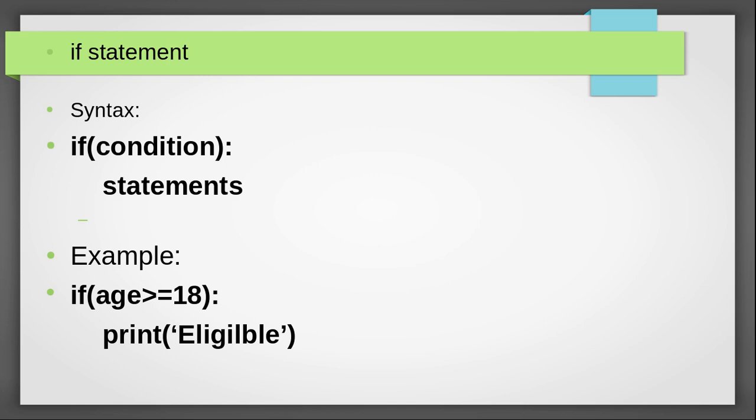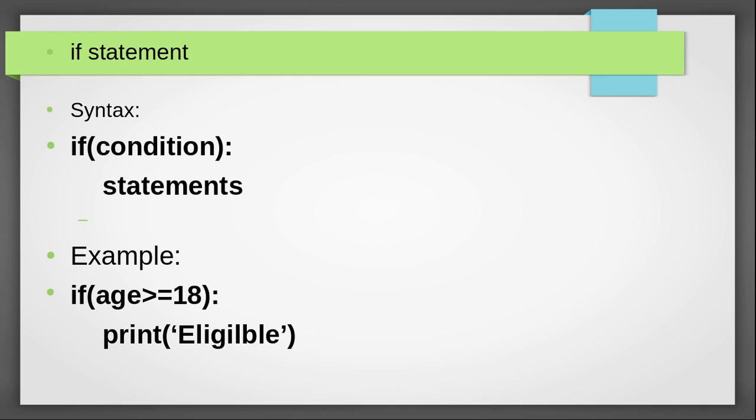Look at the next line. After the condition, the statements must be indented, 4 spaces. And then for example, if age is greater than or equal to 18, then there is a message, eligible.